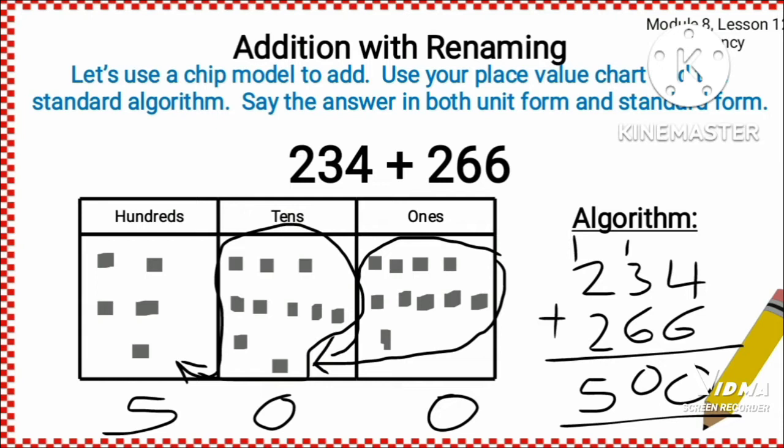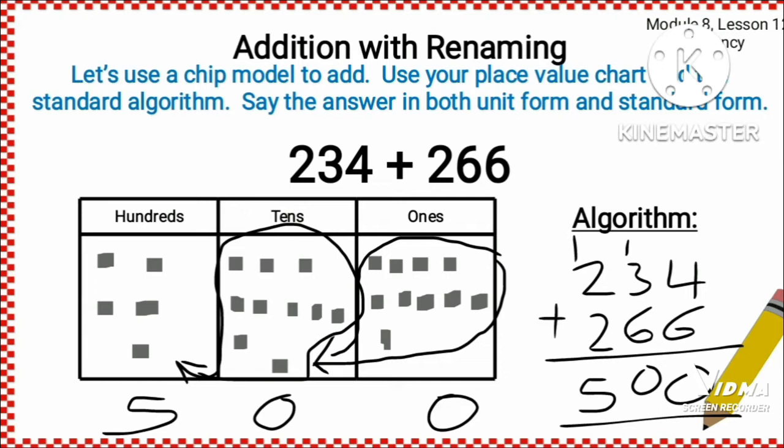Now this is an addition. Therefore, in the chip model, we will represent all the given numbers, because it is addition. If it is subtraction, remember it is only the whole number you represent, and the subtrahend, the one that you are removing, you just cancel out. But this is addition.